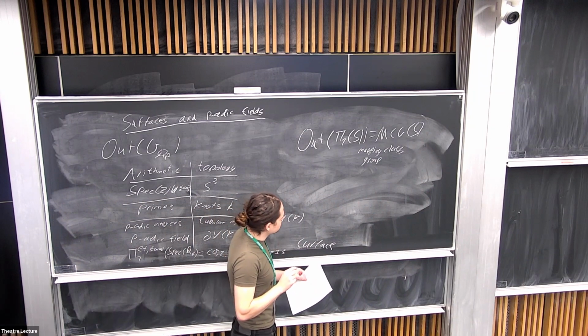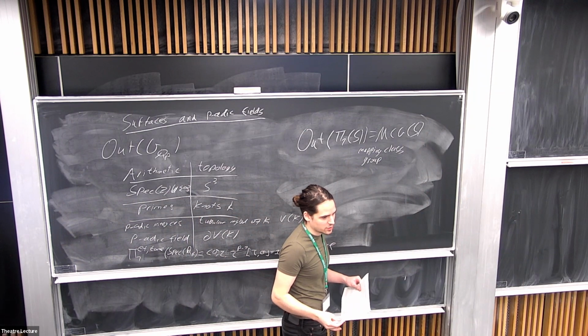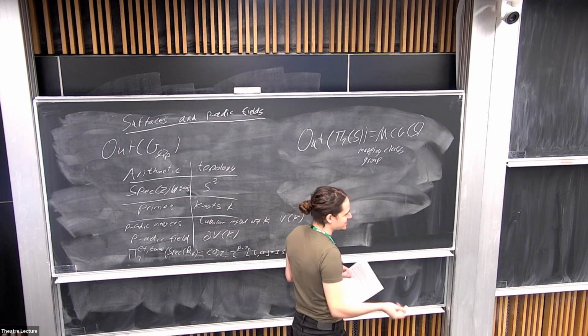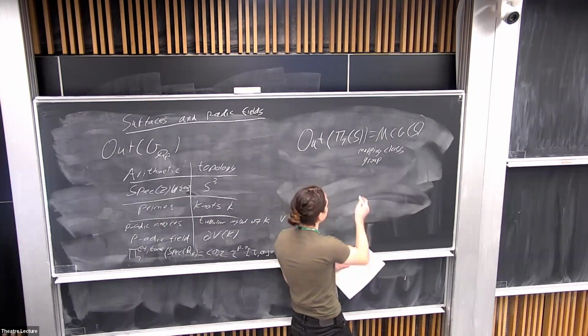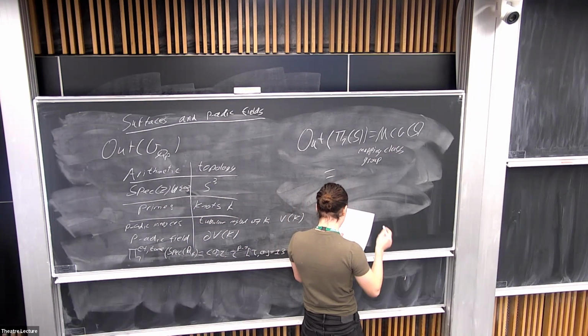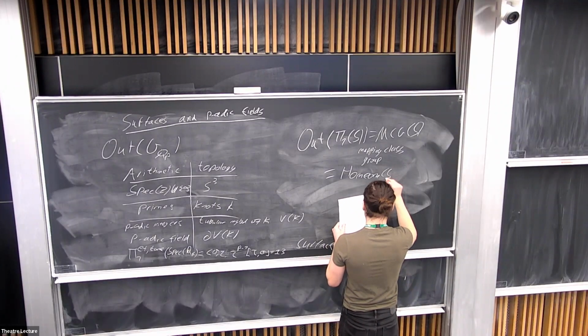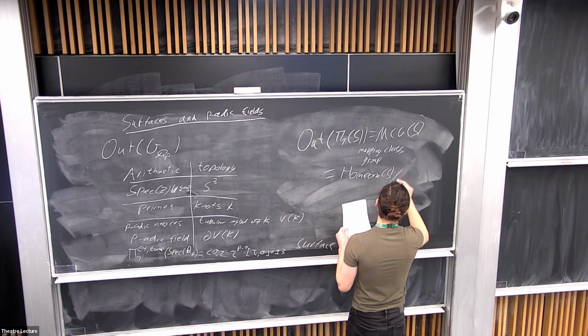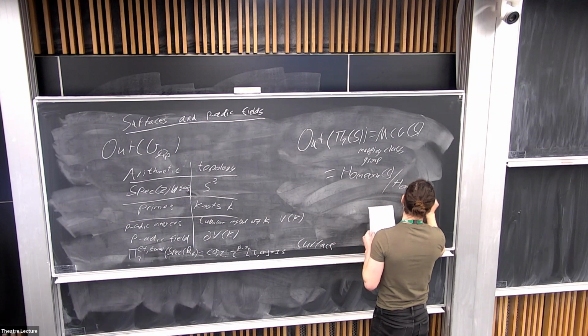Well, one way to think about it is just the outer automorphisms of pi_1 of S, but usually it's a much more geometric definition, which is that this is equal to the homeomorphisms of S modulo the identity component, which I will not really define.